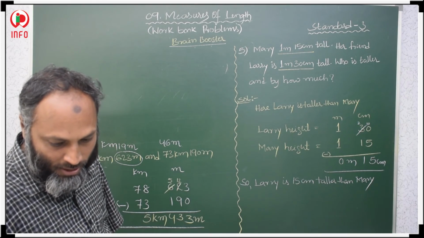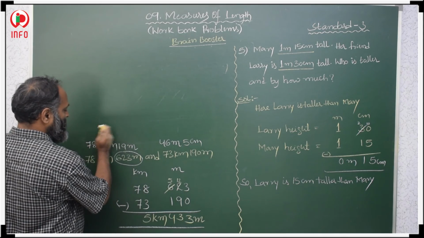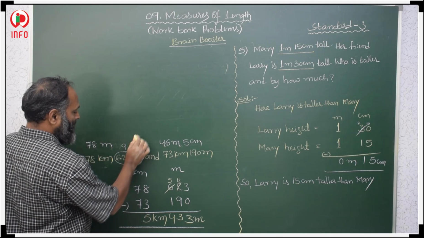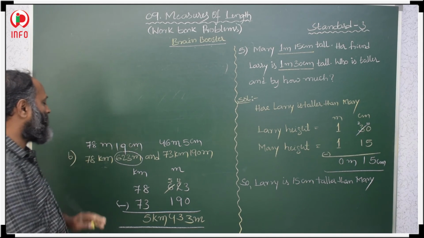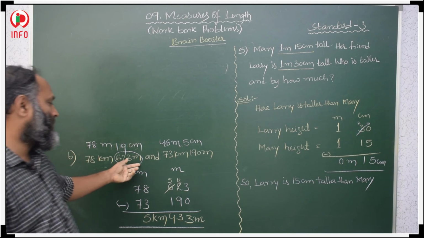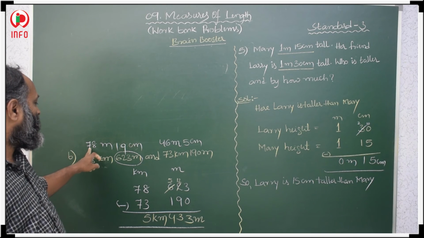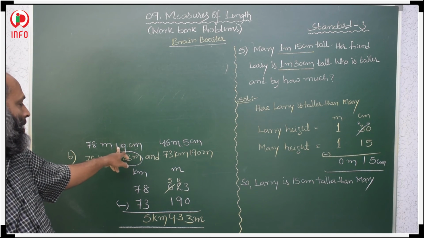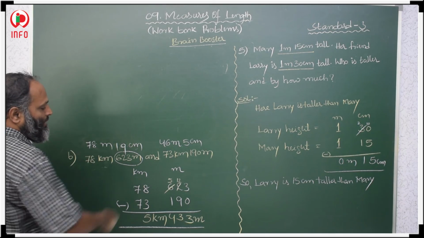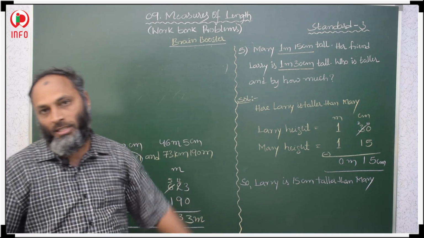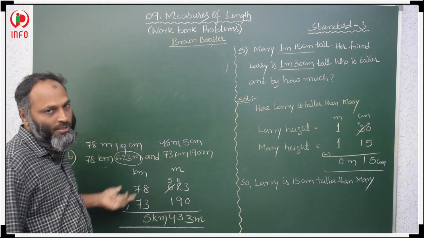So, 78 meters and 19 centimeters. So, in this second question we took 78 kilometers 623 meters and 73 kilometers 190 meters, like this we took. Actually it is given 78 meters 19 centimeters, 46 meters and 5 centimeters. So, that you take difference. So, correct this question and do it by yourself. These are similar questions, do the minus and find the difference, that is your answer. Okay.